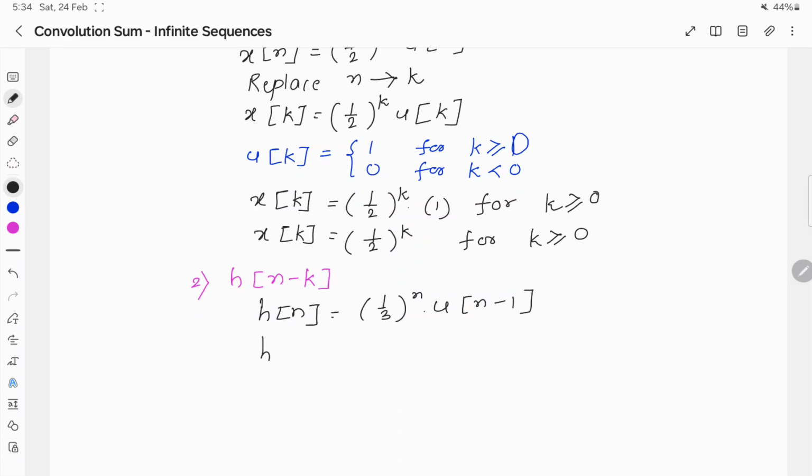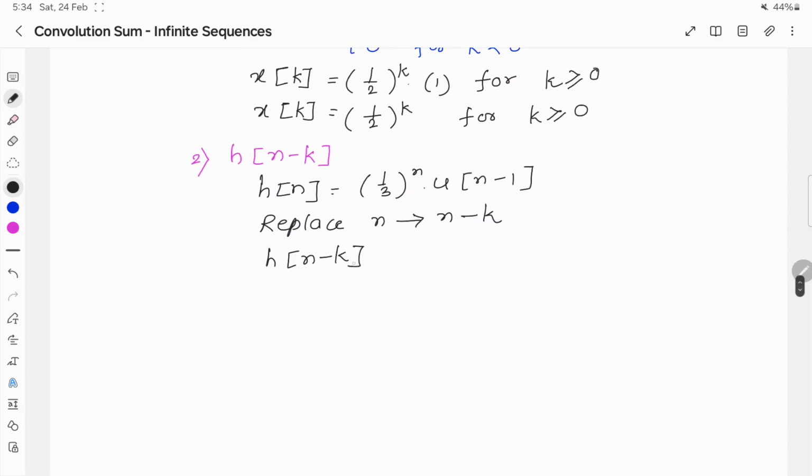So first of all, replace n with n minus k. So h of n minus k is equal to (1/3) raised to n minus k into u of n minus k minus 1.